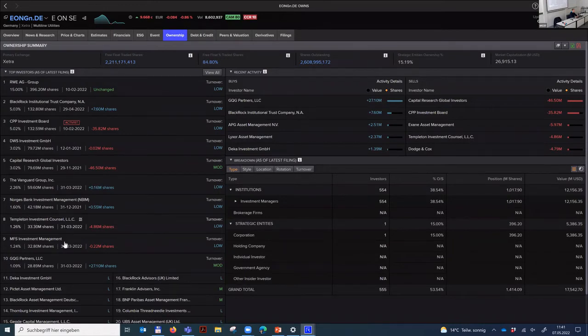Yeah? And then obviously you have for BlackRock usually two positions because they aim not at too much higher than 5%. Yeah? So they split it up to different limiters.